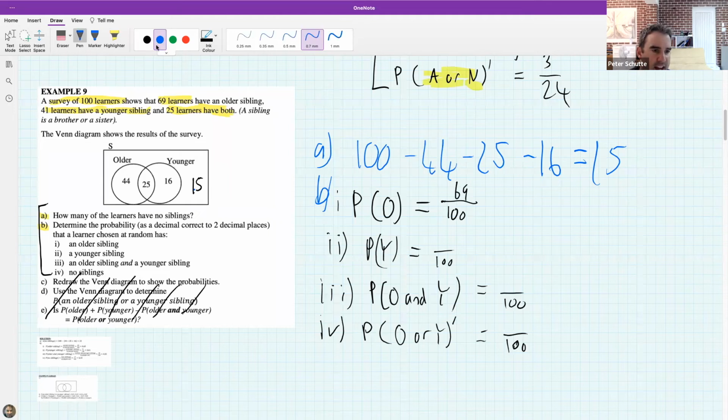Because when I say, what is the probability of choosing an older sibling, I count the whole circle. So these 25 have a younger and an older sibling, but that doesn't matter for my question. I'm interested in, are you in the circle of O? And so it would be 69 out of 100. The probability of being younger, for the same reason, having a younger sibling, is 41 out of 100.